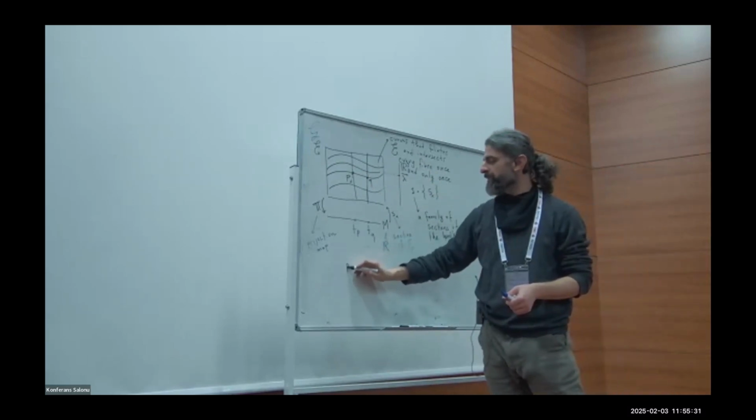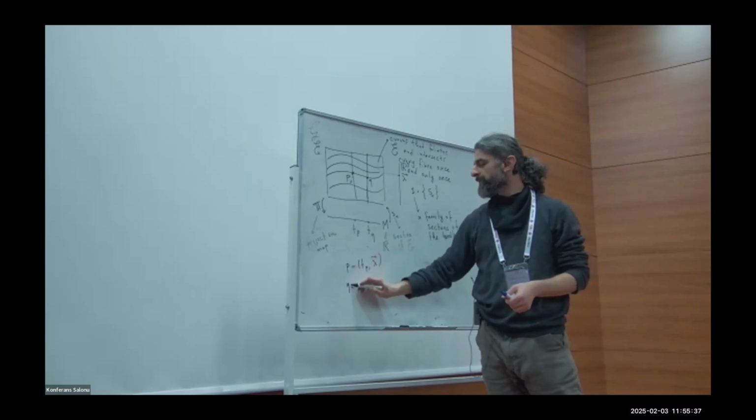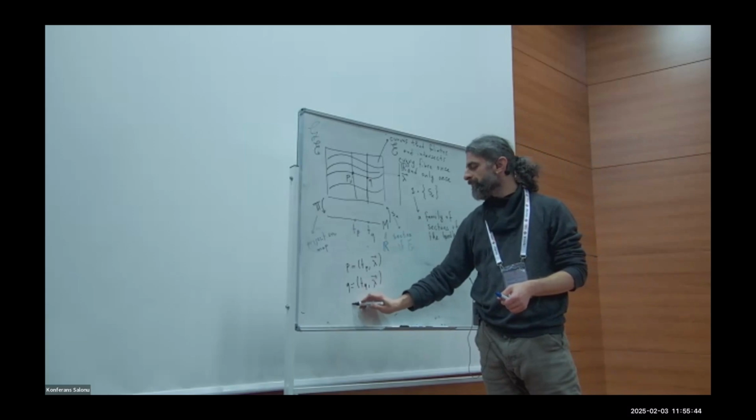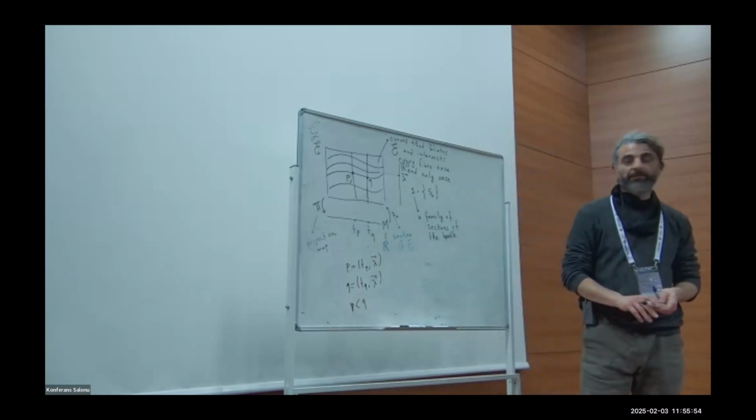So here P is P lambda, Q is PQ lambda. Here P is chronologically before Q. Okay.